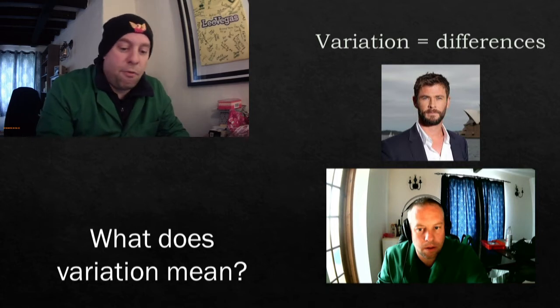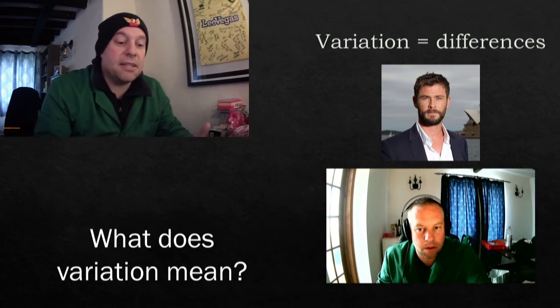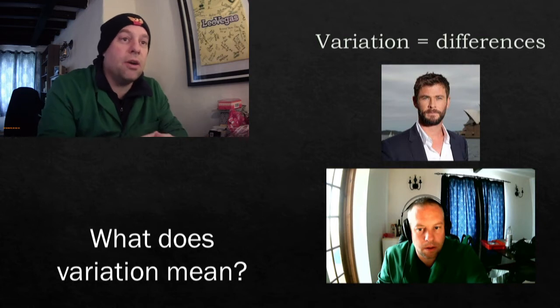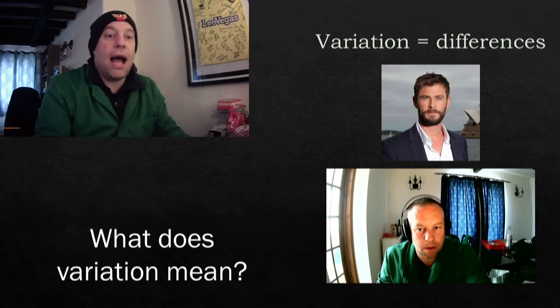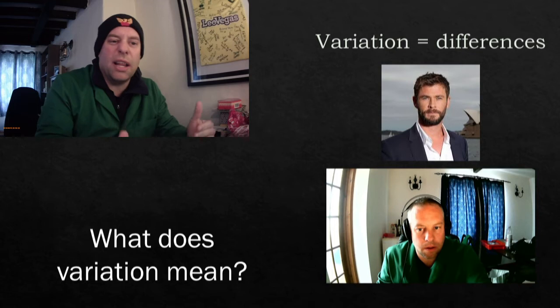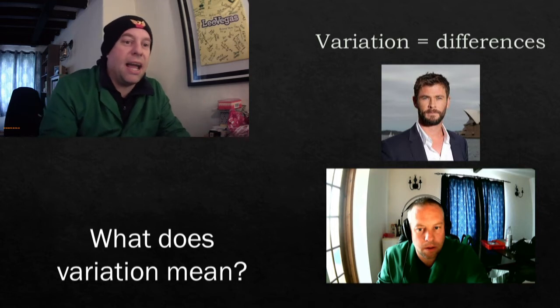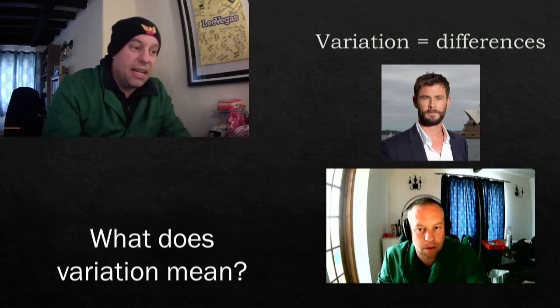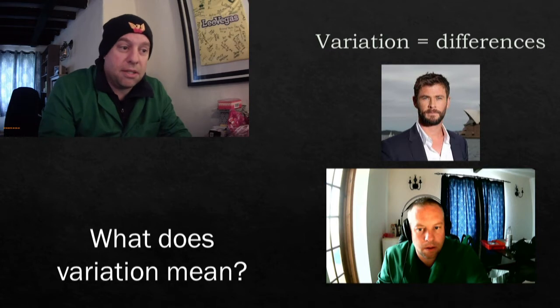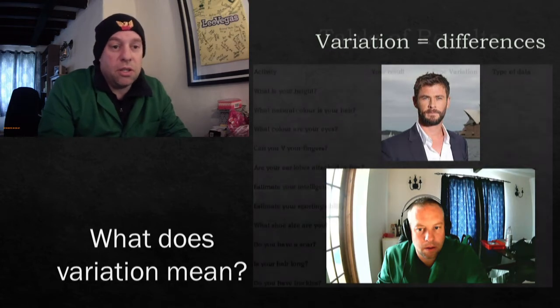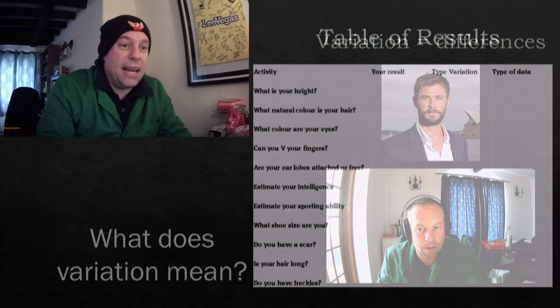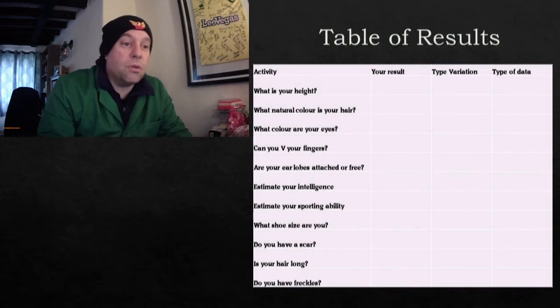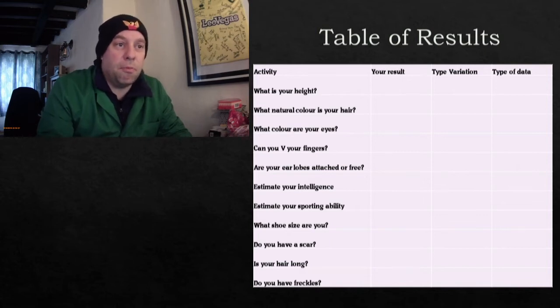We're going to start by looking at ourselves, and find out where those differences come from. We're going to look at ways we can study that data and see how we can study variation across species. What I'm going to ask you to do is to pause the video in a second and write this table down on a piece of paper.